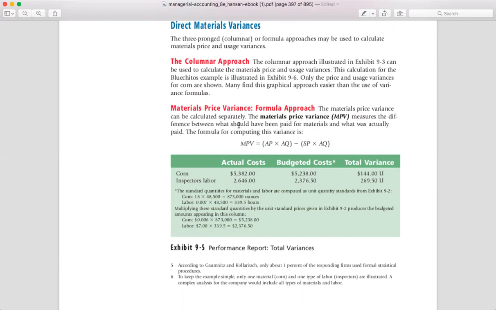So the formula for MPV is actual price times actual quantity minus standard price times actual quantity. Or you can also find in some books the formula as actual price minus standard price, and then times the actual quantity.